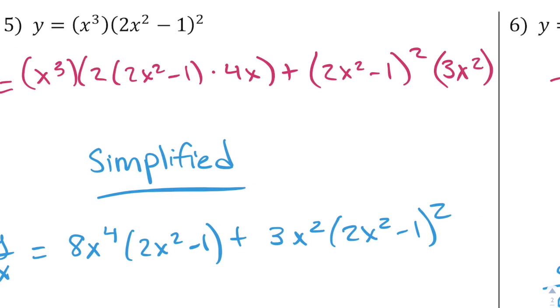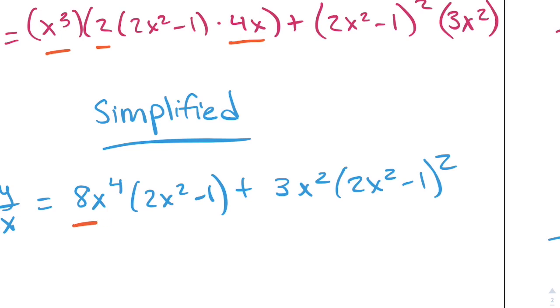And then we rewrite, and then we do the second function times the derivative of the first function. So the only thing that changes is x cubed becomes 3x squared. This is addition. The product rule involves addition, right? First times the derivative of the second plus the second times the derivative of the first. I simplified it by pulling out a couple things that I saw, like 4x times x cubed times 2. So 4 times 2 is 8. X times x cubed is x to the 4th.